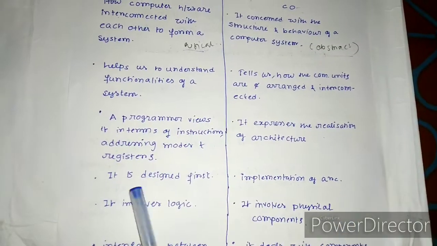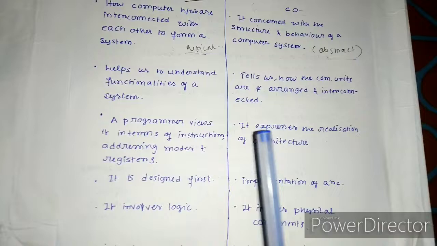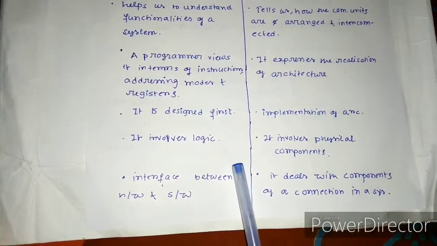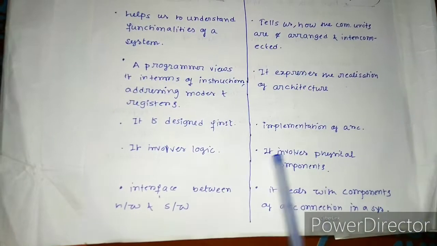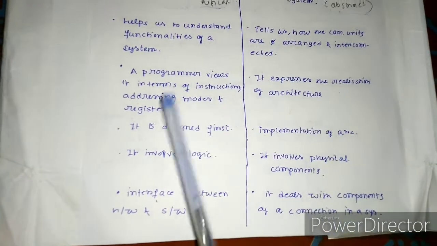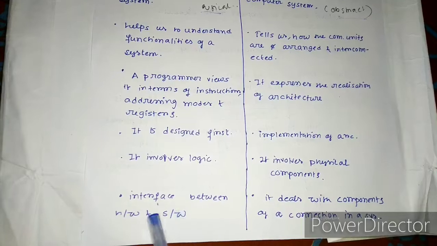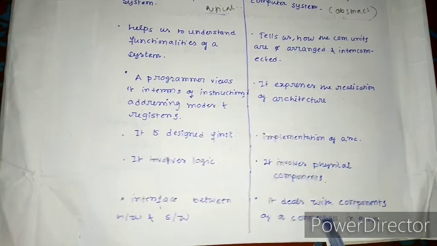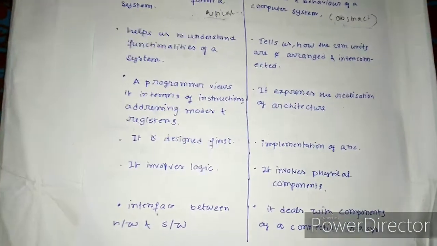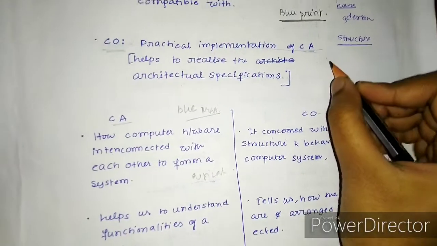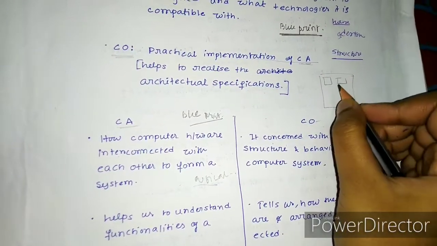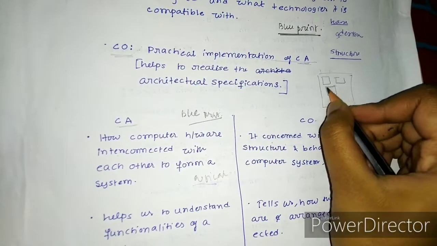Obviously, the computer architecture is designed first and then we implement it. This involves logic and it involves physical components. The computer architecture is the interface between hardware and software. It deals with the components of a connection in a system. So let's say, when we design a system, there is the CPU, a monitor or the other devices.